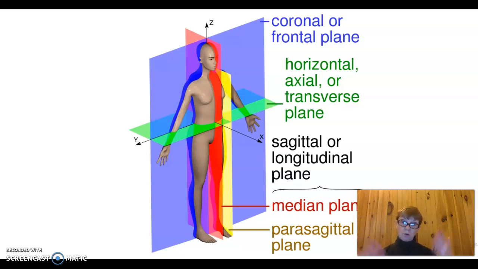So again, this is showing, if we had the skeleton up in the room and we could go through it, the coronal cut or the frontal plane, and then sawing the person in half would be your transverse plane. It's also called the horizontal plane. Your sagittal, which again is what I consider to be the one you will use most frequently, is also what we consider to be a longitudinal plane.